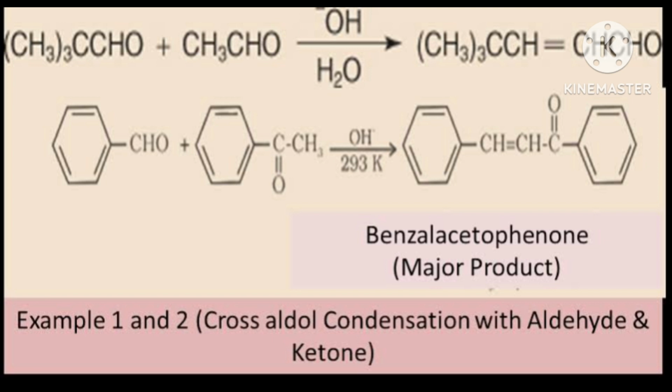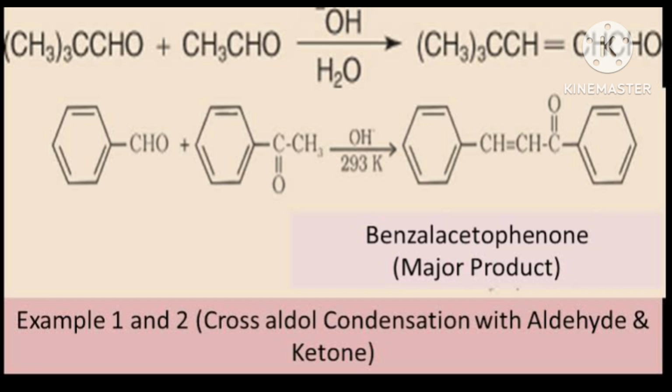Because here CH3CHO, suppose you are taking, this is called ethanal: CH3 is one carbon, CHO is the second carbon, that's why it is called ethanal. Al means aldehyde. Then total 4 carbons are there if you are taking 2 molecules.